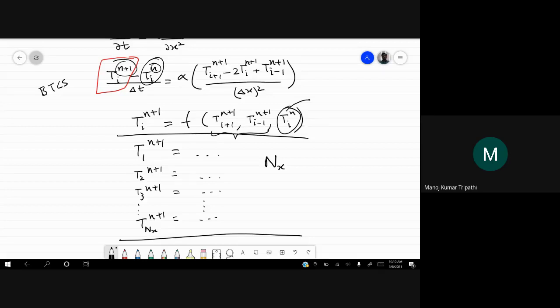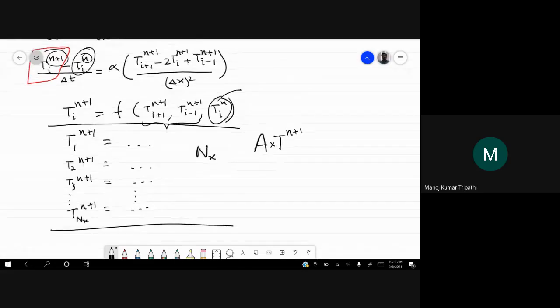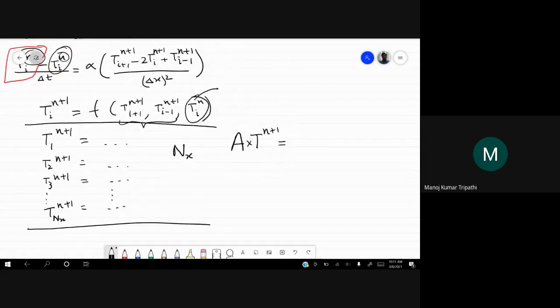So you can solve this using some matrix method. So we said that you can write it as some A matrix times this T matrix at n plus 1 equal to, so what we do is we take all this i plus 1 and i terms to the left hand side first, so that we can multiply this A matrix, which is the coefficient matrix, to all these Ti's, T1, T2, T3, and so on.